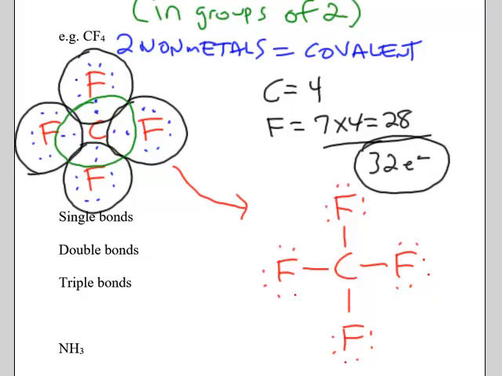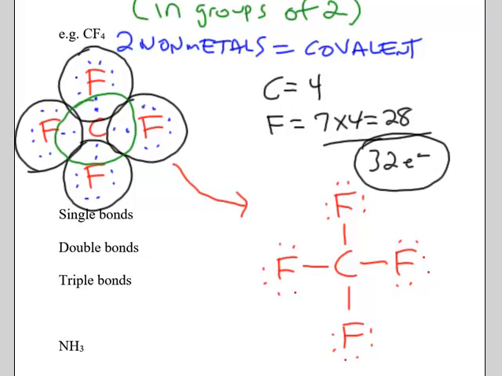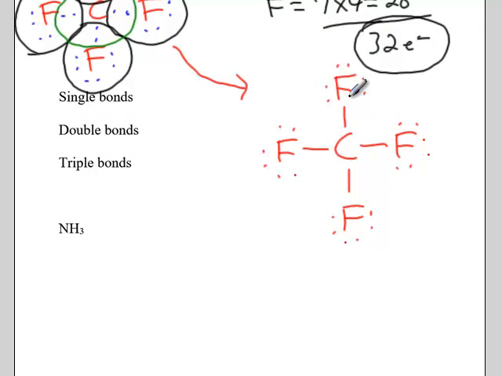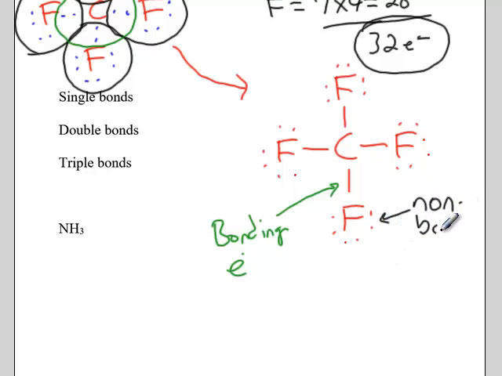So this picture shows you the 2 different types of electrons. The electrons that are involved in the bond are called bonding electrons, and the electrons that aren't in the bond are called non-bonding electrons.